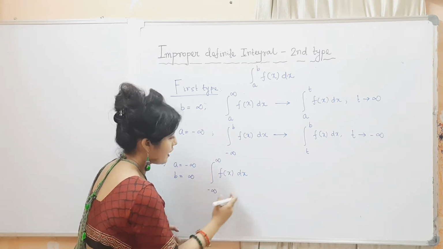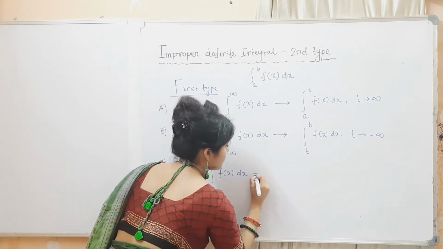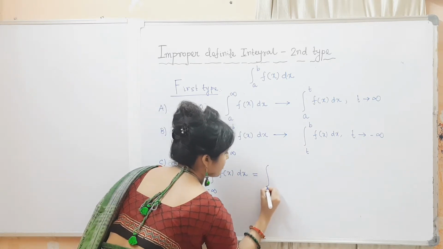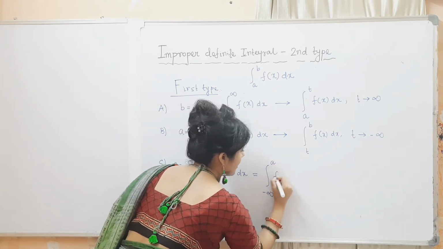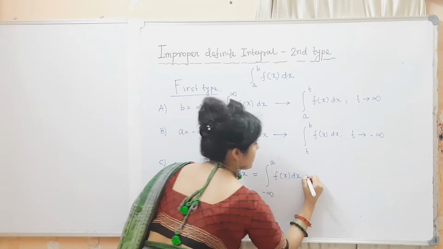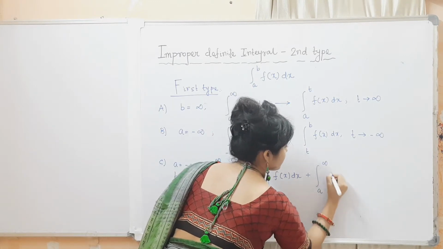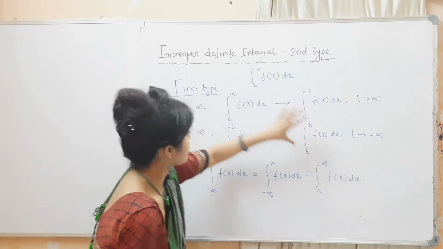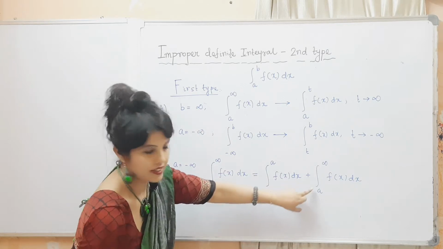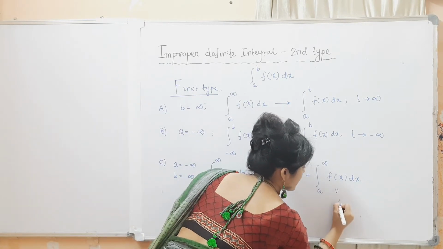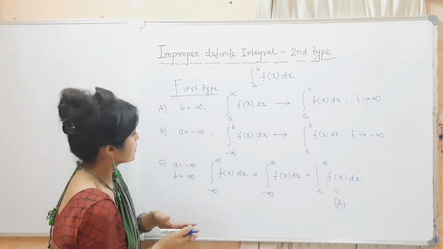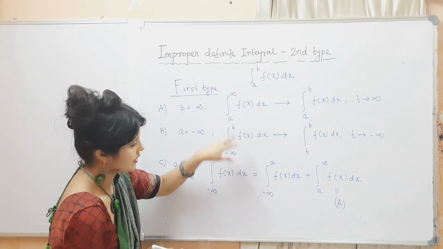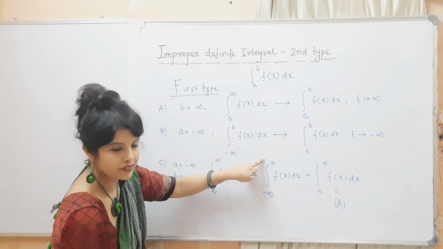And for the third section, you have to decompose this, because it is from minus infinity to infinity, therefore you have to decompose this into minus infinity to a f of x dx plus a to infinity f of x dx. Clearly this portion is just like section a, because a to infinity, and this portion is just like section b, that is minus infinity to some finite value.